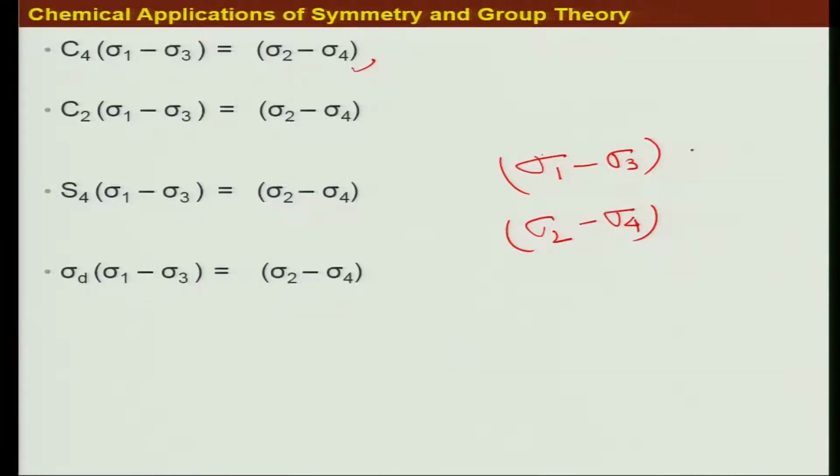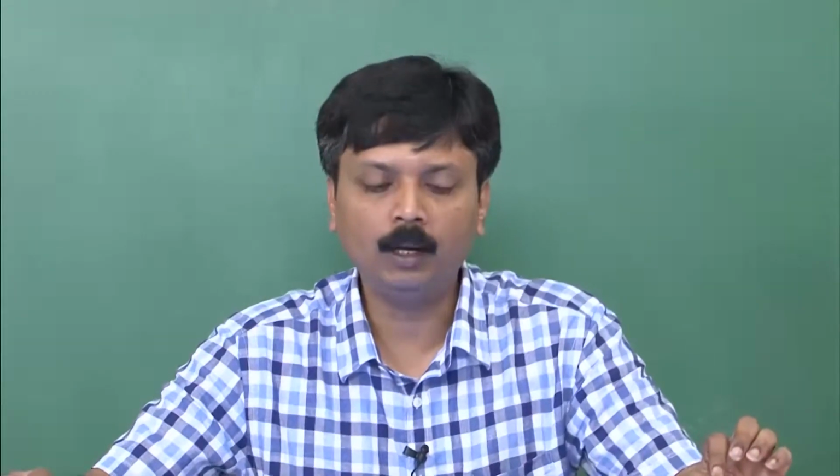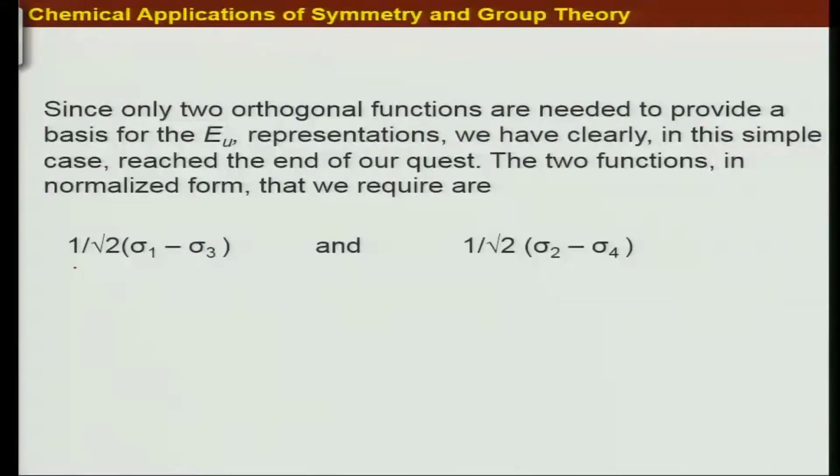Okay, so these are my right SALCs. We have got these as orthogonal functions. One thing remains: we have to find the orthonormal functions. So the requirement of normalization will give us the normalized SALCs, which are given as 1 upon root 2 into sigma 1 minus sigma 3 and 1 upon root 2 into sigma 2 minus sigma 4.